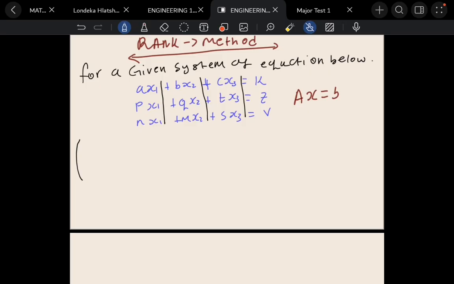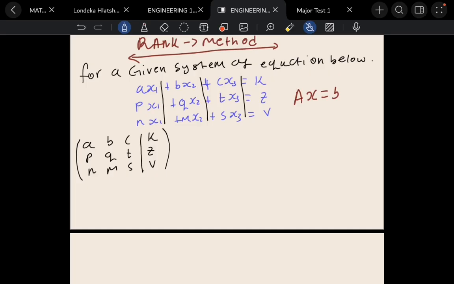Right, so I'm going to take out the coefficients of the following variables. I'm going to have a, p, n, b, q, m, c, t, s. Draw a line, and I'm going to include the answers there. This is an augmented matrix.